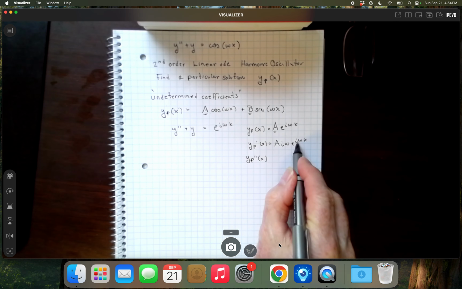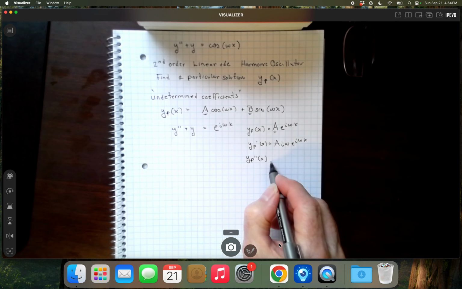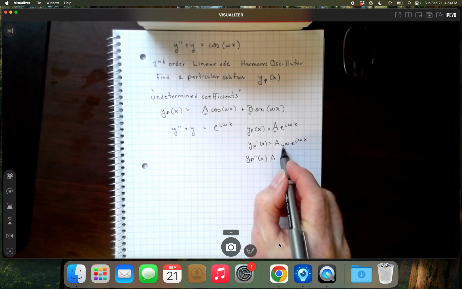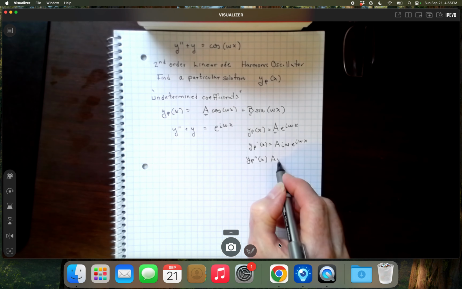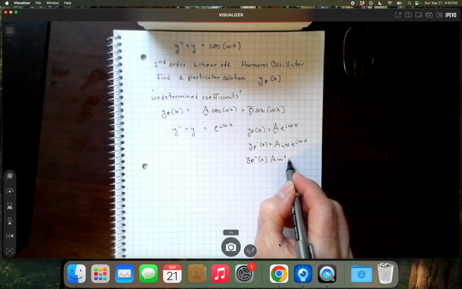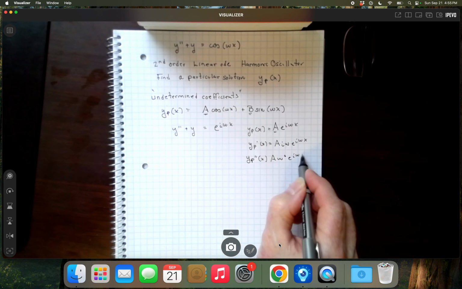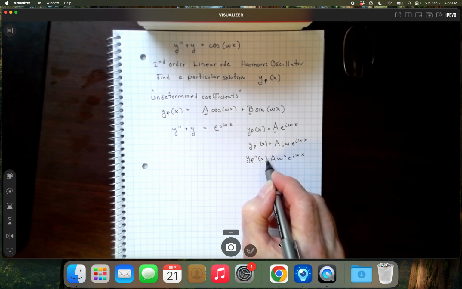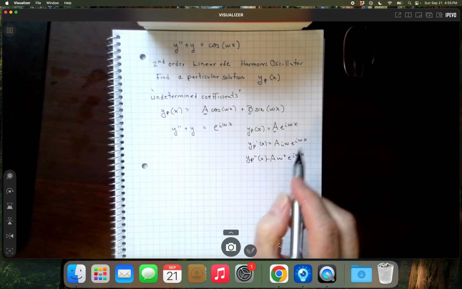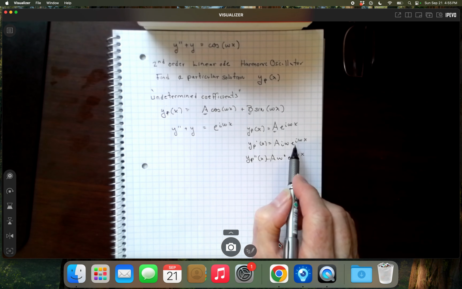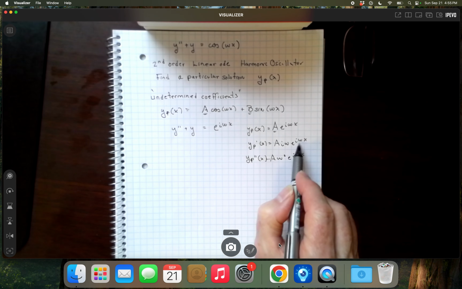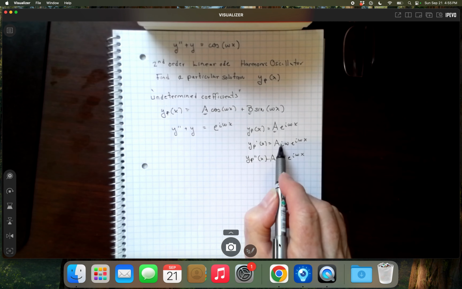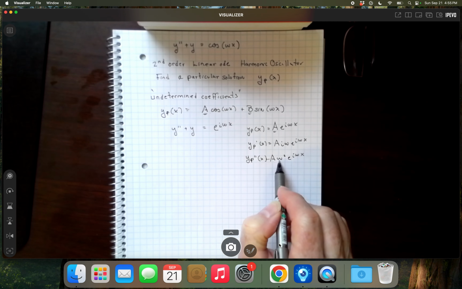That's going to be A i squared, which is -1, omega squared e to the i omega x. See, the derivative of e to the u is e to the u times u prime, so I bring the i omega down and multiply by this. i squared is -1, and you get minus omega squared.